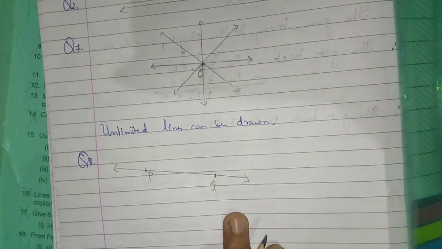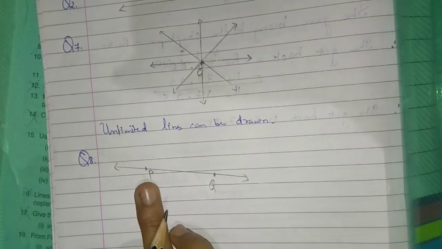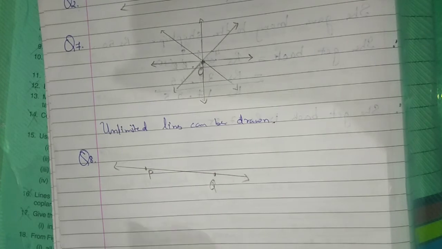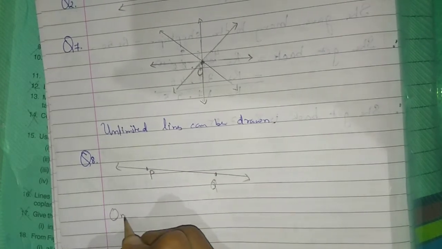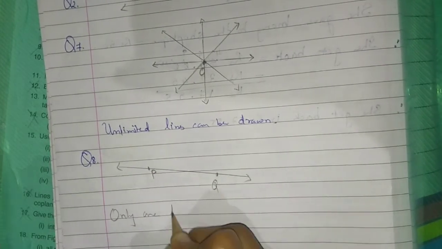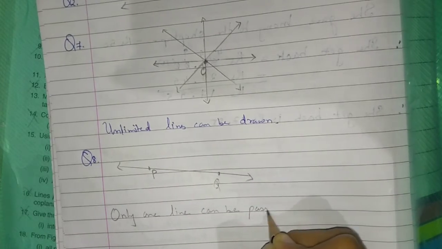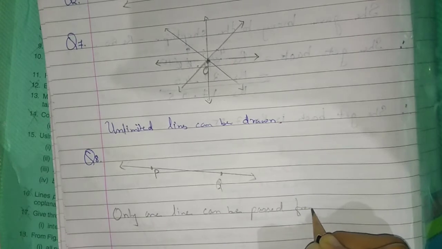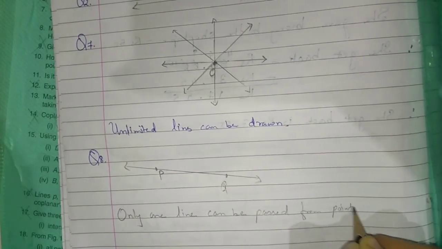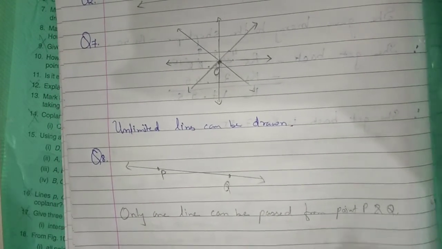So for 2 points we can pass only one line.